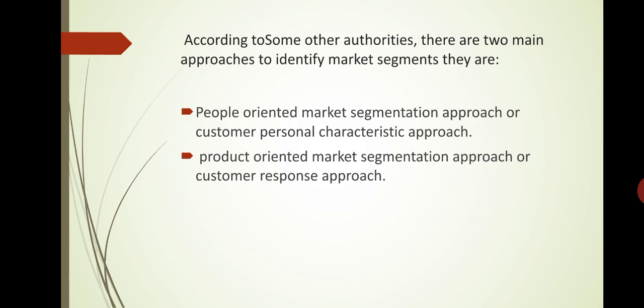And second one, product oriented market segmentation approach. What is that? The product oriented market segmentation approach is based on the following consideration, that is according to the product benefit or according to the product usage or store premises or brand loyalty. Though there are many bases of market segmentation, for our discussion, let us take up the following bases of market segmentation.